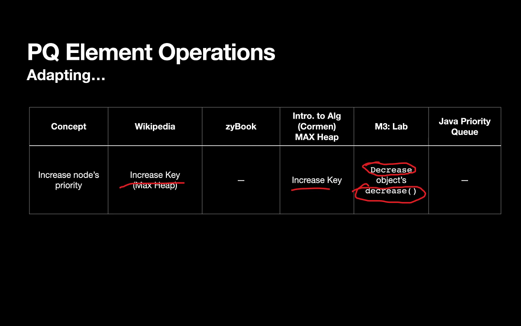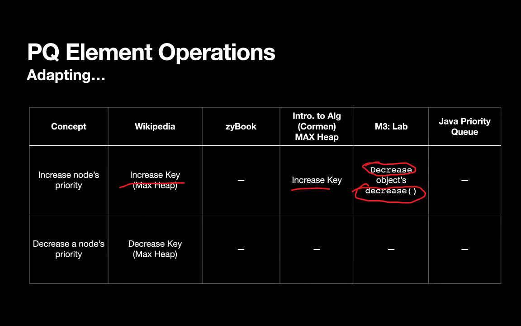The Zybook and Java priority queue don't really describe this idea of changing an existing item's priority. You can also have the complementary notion of decreasing a node's priority. Wikipedia is the only one of these sources that actually addresses that. And since it's a max heap, it refers to it as decreasing the key, which will make it less important and move it down the heap.